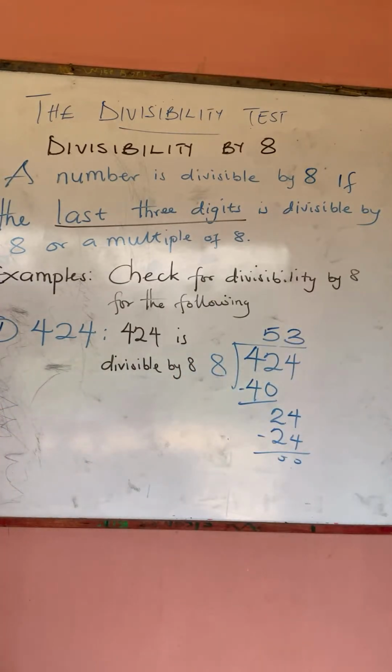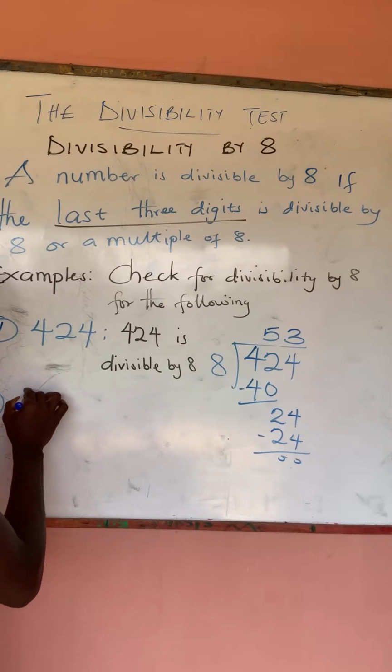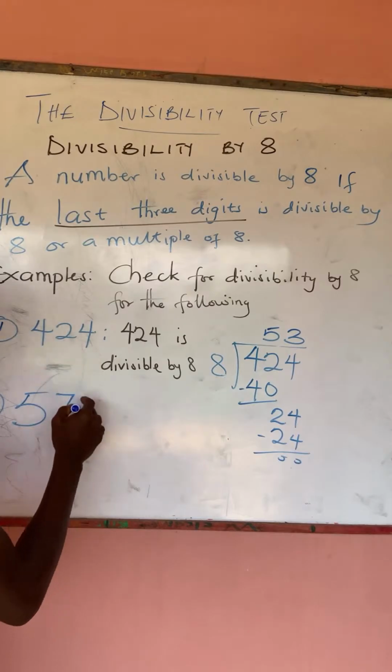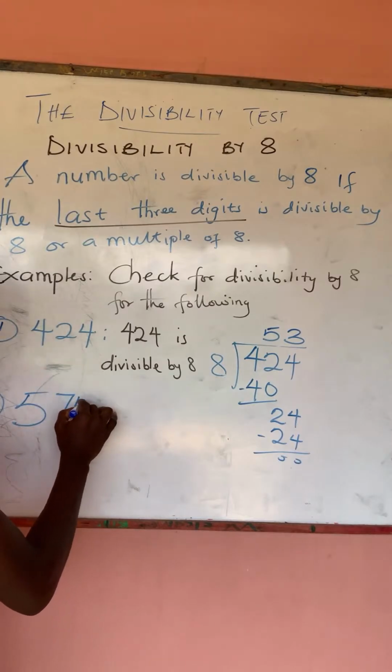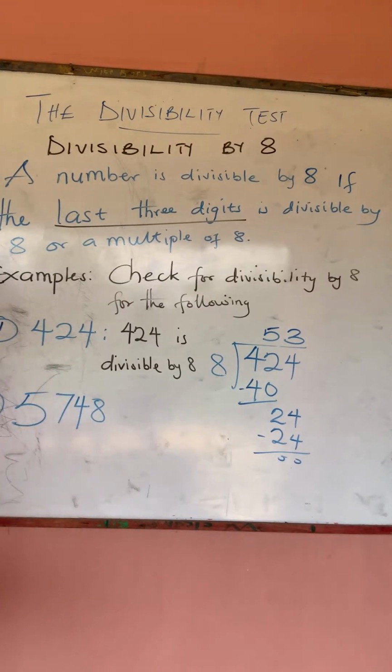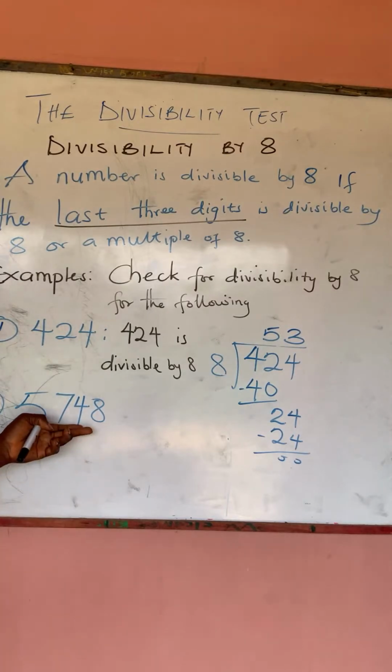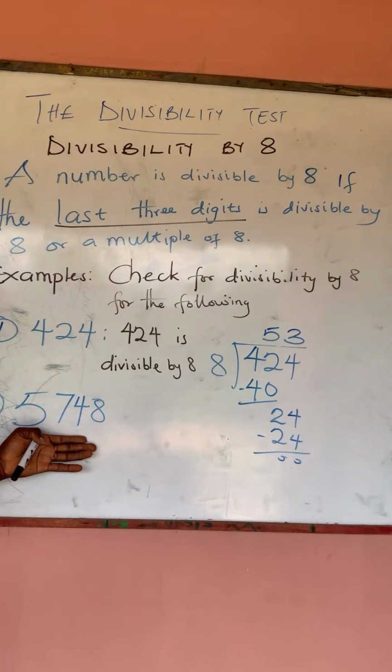Alright, let's look at the next example. Example 2: 5,748. You have to check the divisibility by 8 for this number. So you're going to look at the last 3 digits.